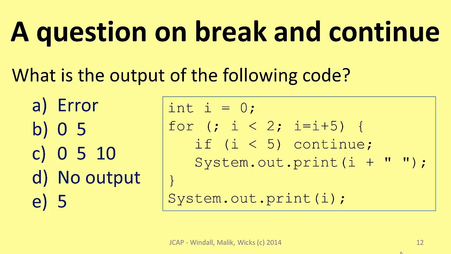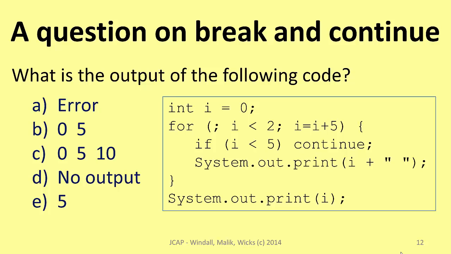Okay, let's go through it line by line. We start off by initializing I to 0. Now you may think that the next line would give an error, but I has been declared and it has been initialized, so that first section only has to have the semicolon. Next we check whether I is less than 2.